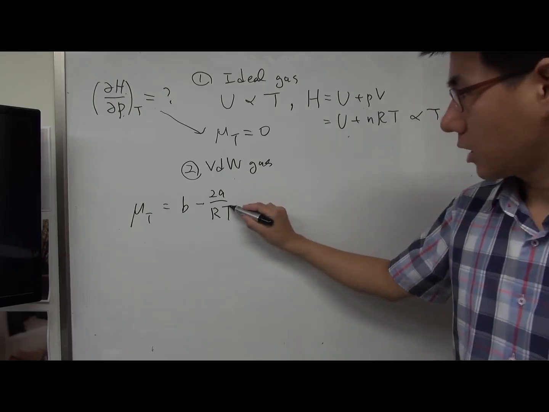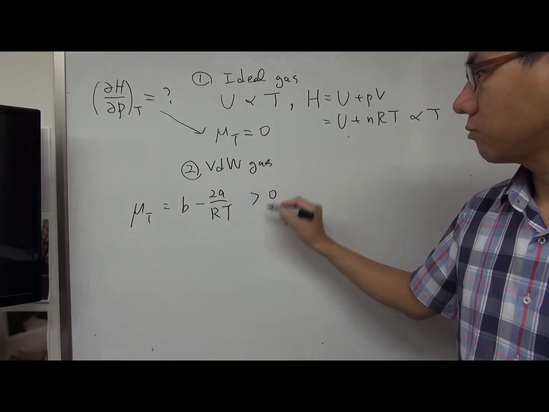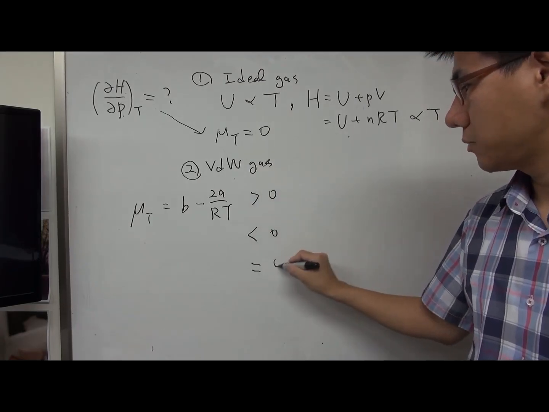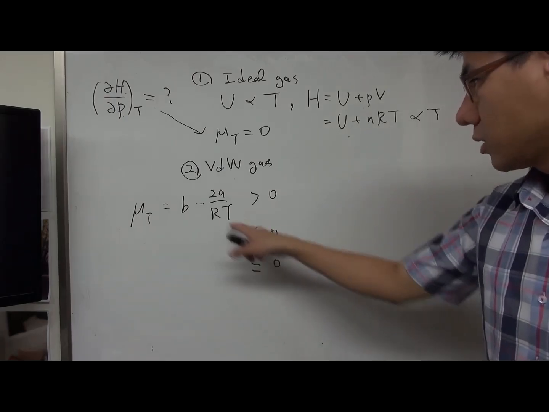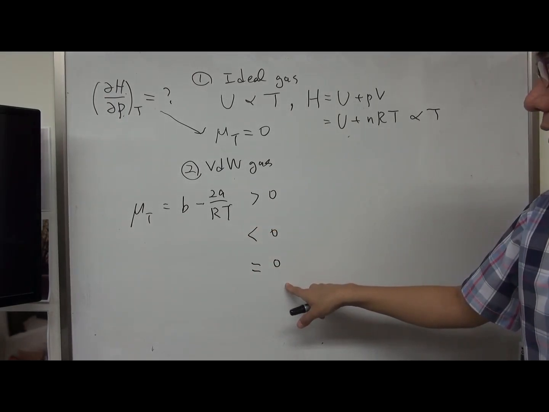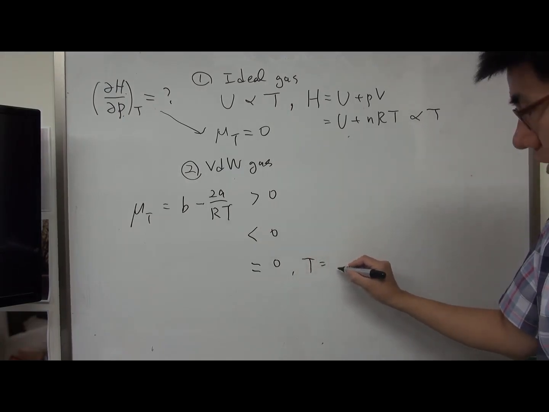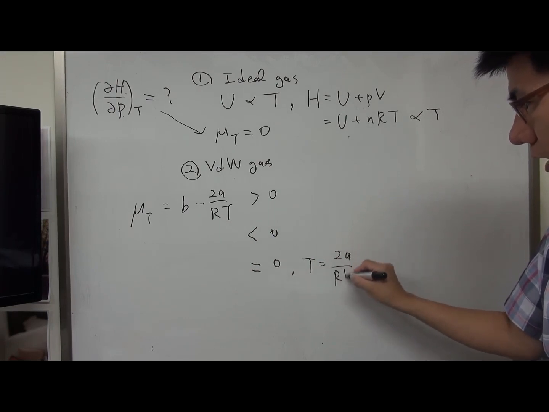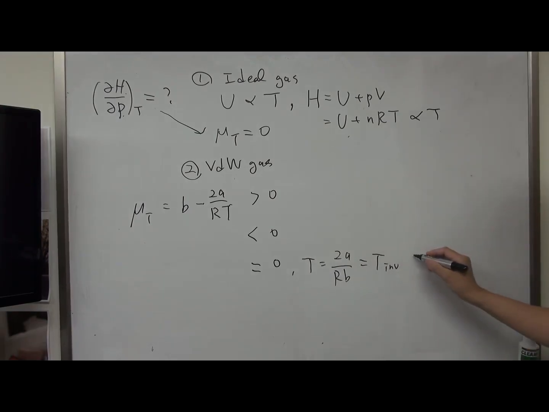Which means that depending on the temperature, this number could be either positive or negative or 0. When this value is 0, if you calculate the temperature, T is equal to 2A over RB, and we call this temperature the inversion temperature.